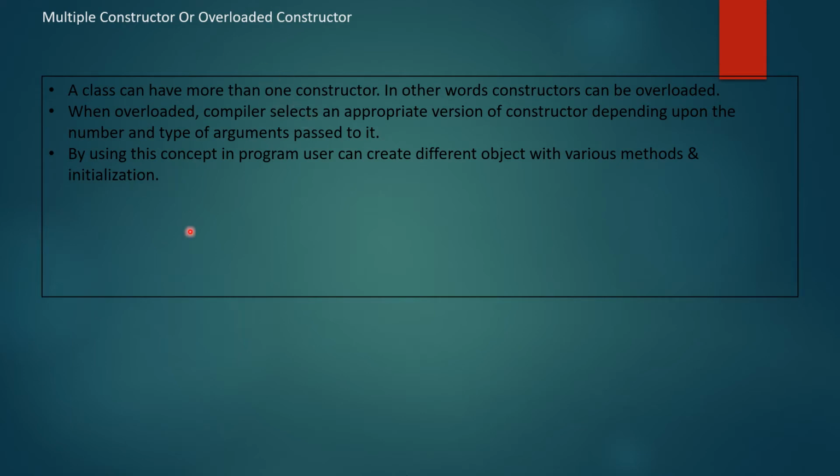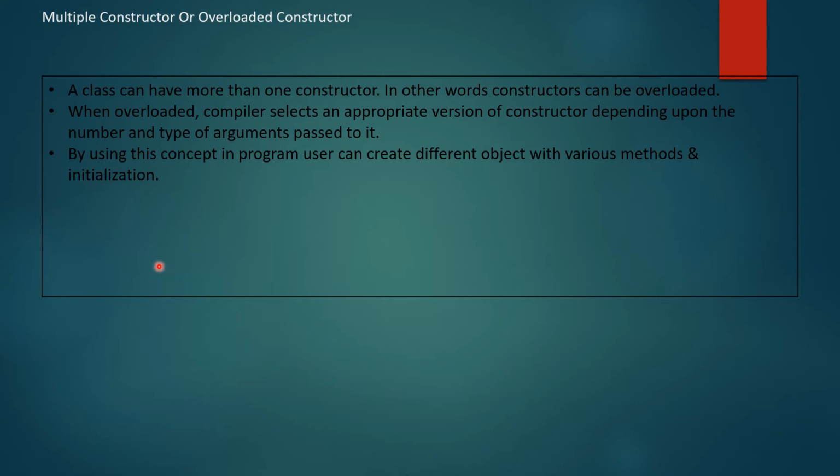Next is multiple or overloaded constructor. What do we have to do? We have to overload the constructor. How will you overload it? As we know, a constructor does not have a return type, so what you can overload is the arguments. You can overload the number of arguments with the help of multiple or overloaded constructors.